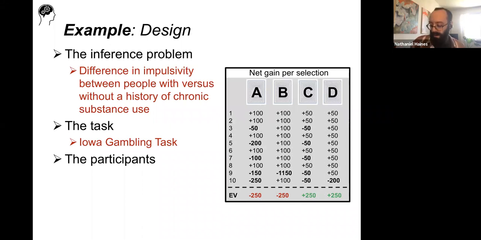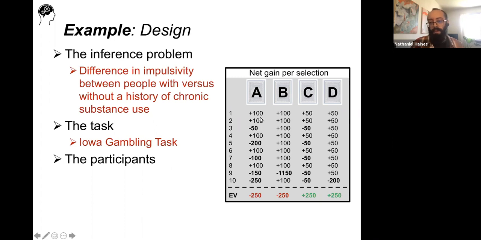I'm not sure how many people here are familiar with this task, but the basic idea is that you have 4 choices that you can make on each trial. These are different decks: A, B, C, and D. What I'm showing you on the y-axis, if we think of this as a graph, is what you could expect if you were to pick each deck on each trial, right?